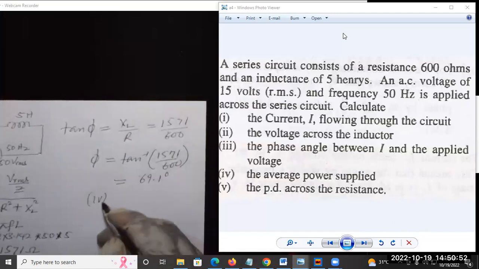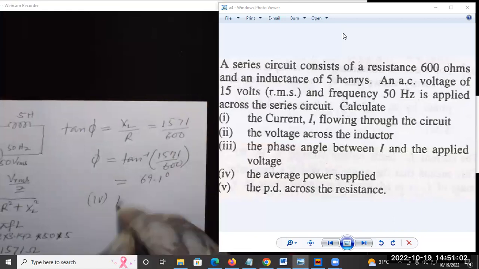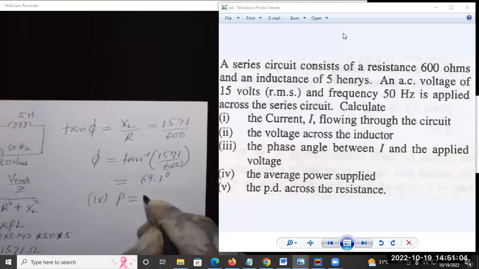We also have to find the average power supply. The average power supply should be given by the expression, the current square and the resistance. This current will be the root mean square current, the effective current.